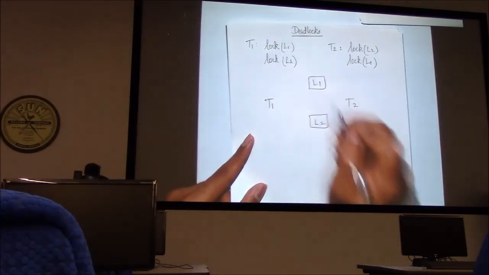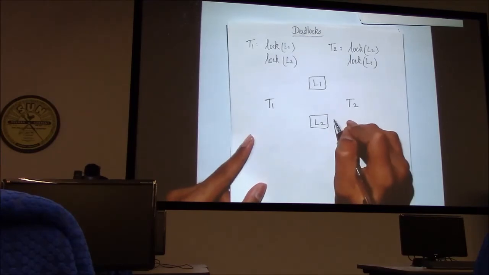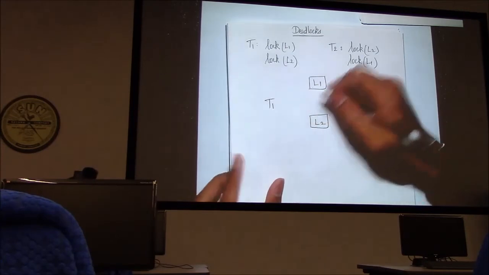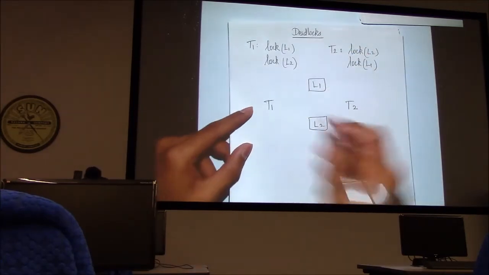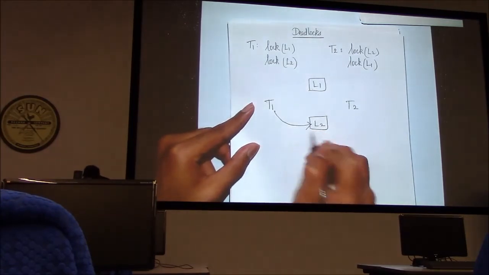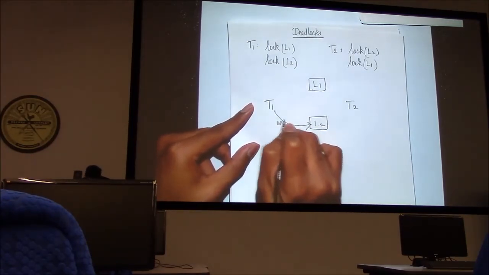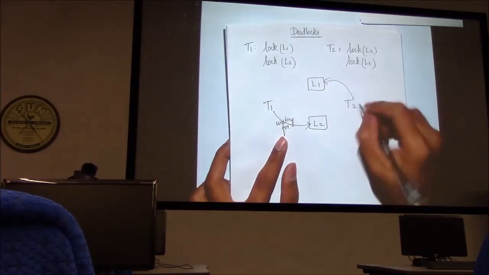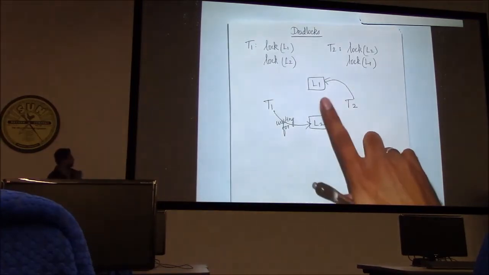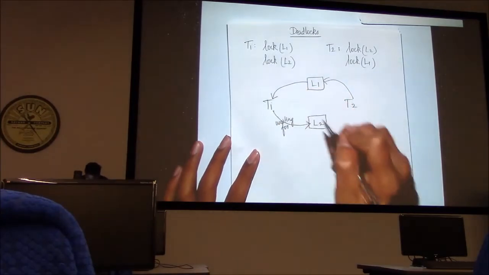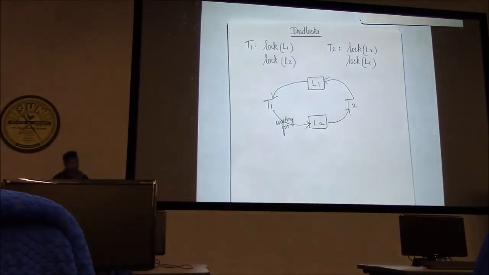T1 has acquired L1 and T2 has acquired L2. This arrow just means is waiting for. T1 is waiting for L2, and at the same time T2 is waiting for L1, but L1 is with T1 and L2 is with T2.